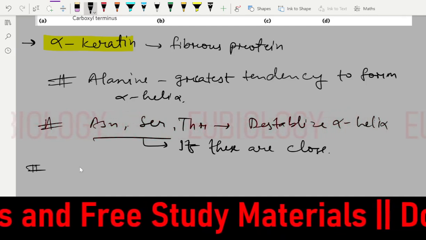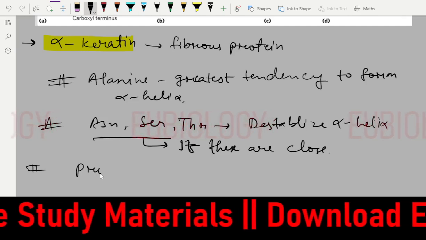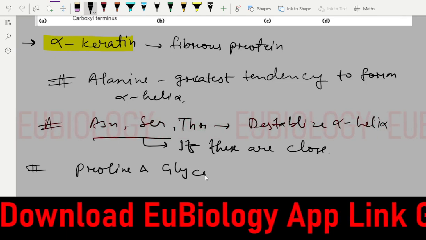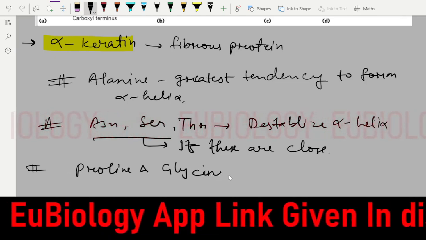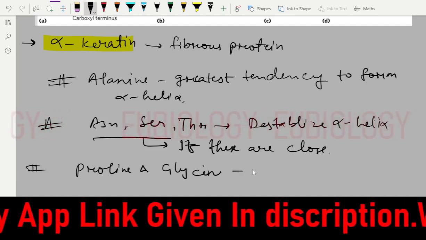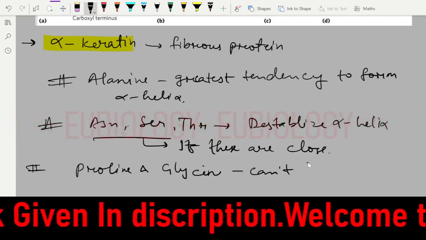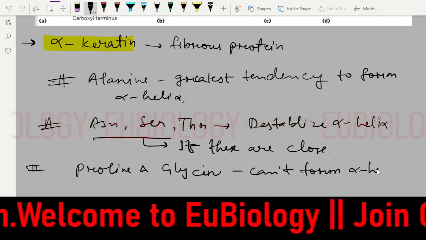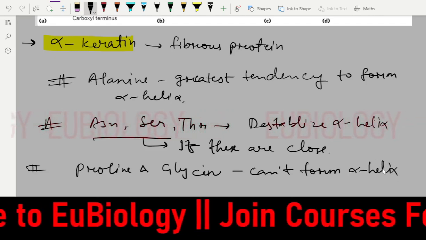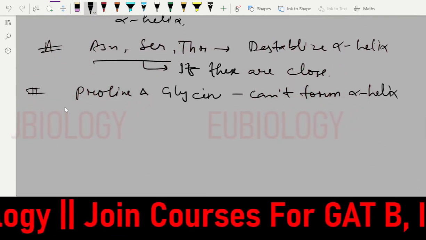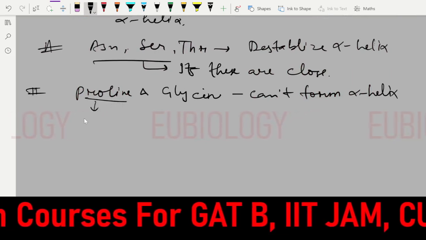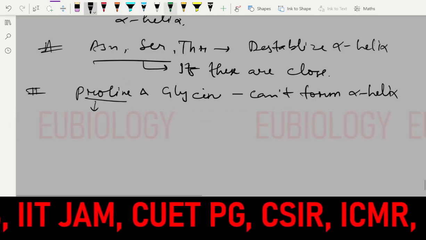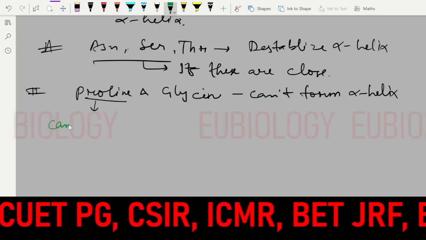The most important point is that proline and glycine can't form an alpha helix. Why? The proline doesn't have a free amine group, so it cannot form a hydrogen bond.